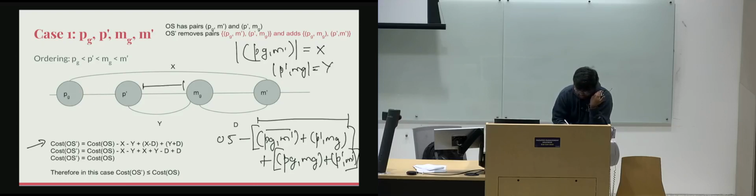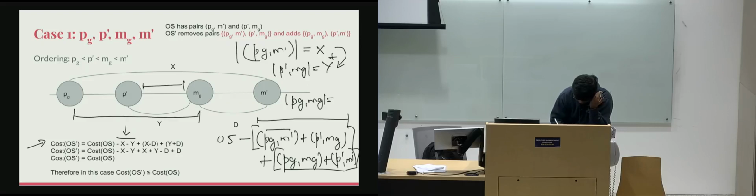This term. So you are trying to remove this x plus y. So this first term is exactly this. You are removing x plus y here, and you want to add this new pair. So the distance between PG and MG, which is basically this one, it is nothing but x minus d. Is that right? Yeah. So this is that term.